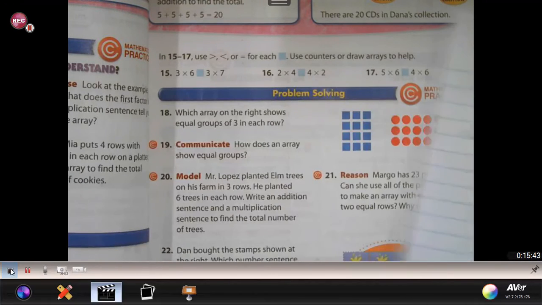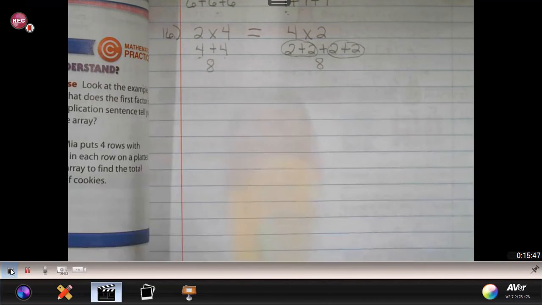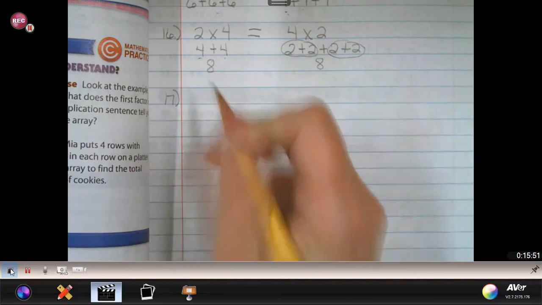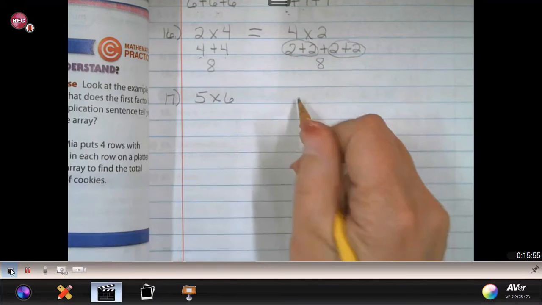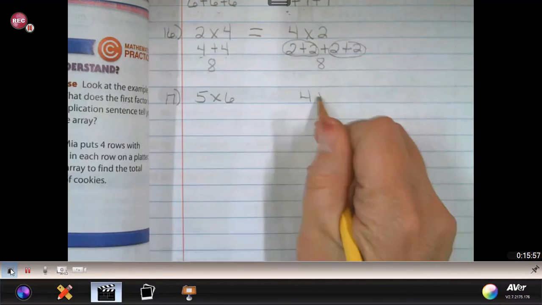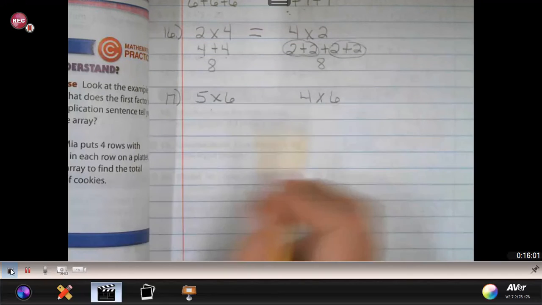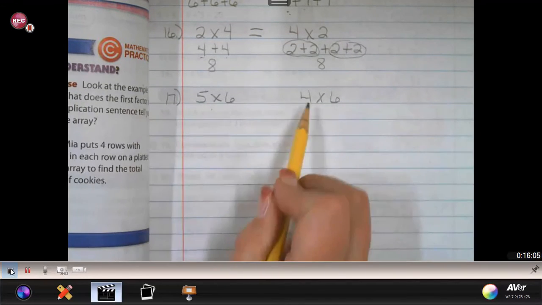17 has 5 groups of 6 or 4 groups of 6. Well, think about how many groups of 6 are we really comparing? We're adding the same number over and over again, except we just have more groups here than we do here. We have one more group of 6 to add than we do here.